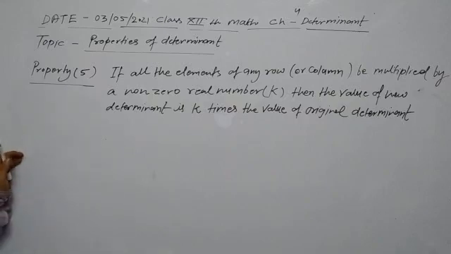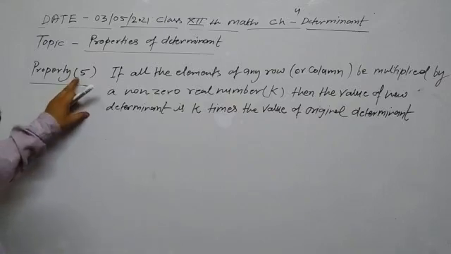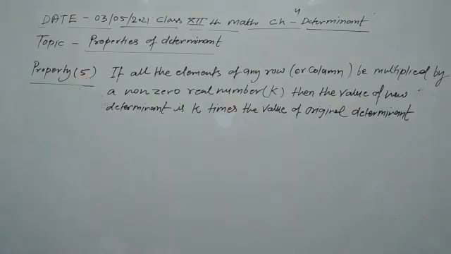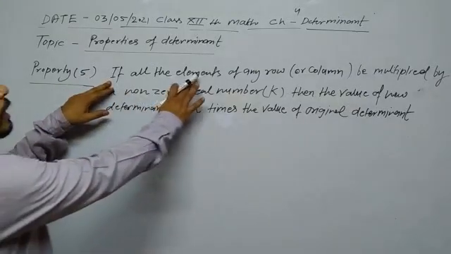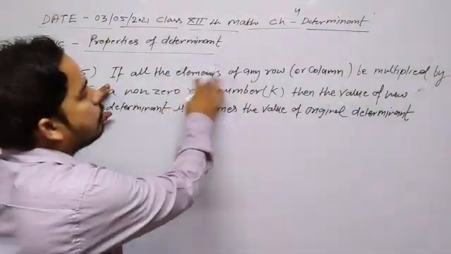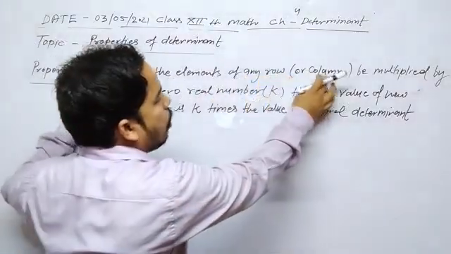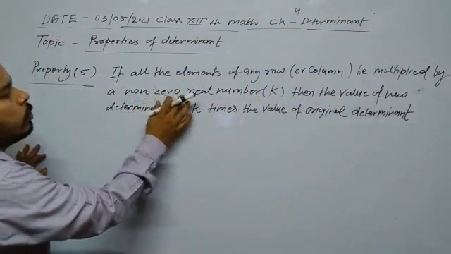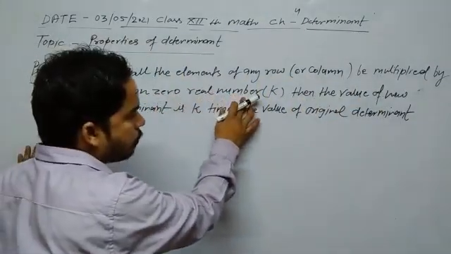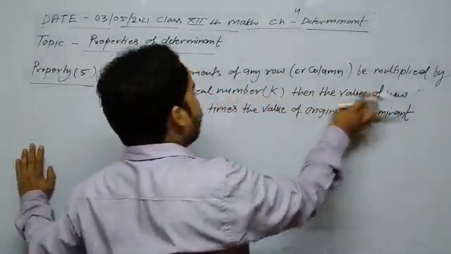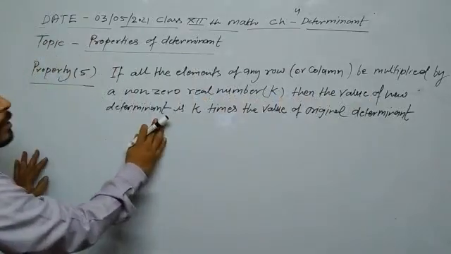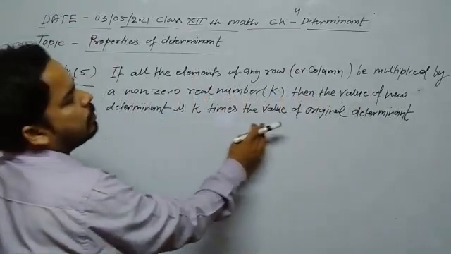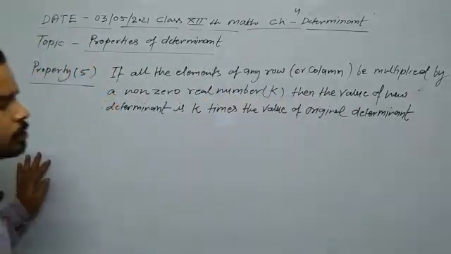Now student, see the fifth property. If all the elements of any row or column are multiplied by a non-zero real number k, then the value of the new determinant is k times the original determinant.